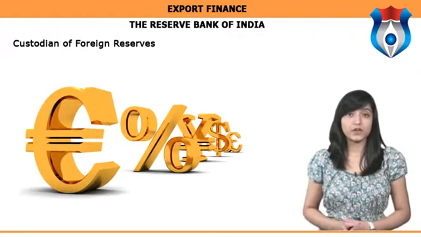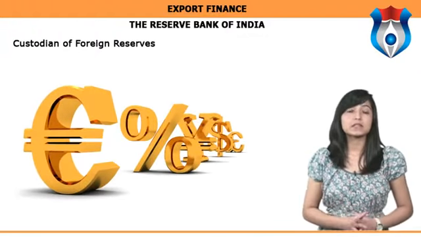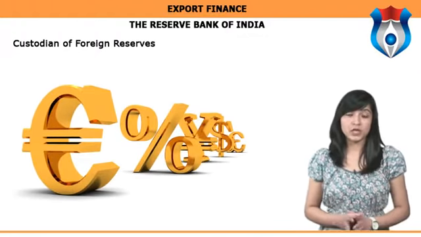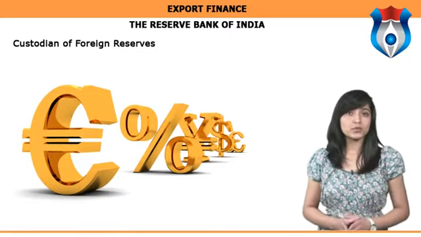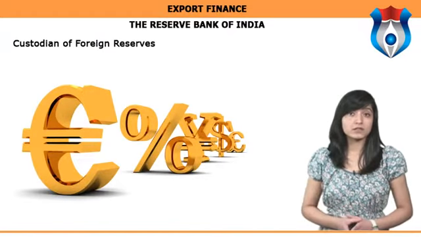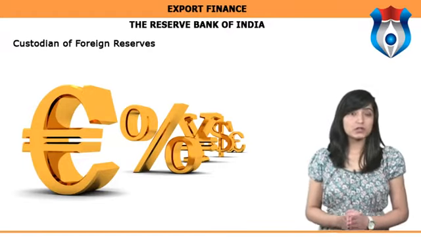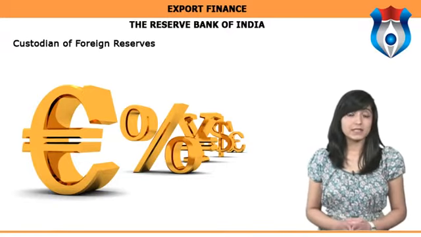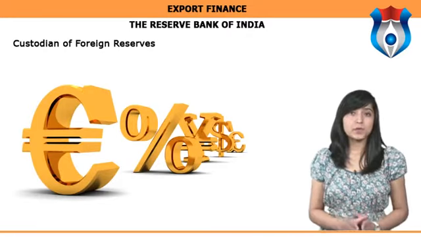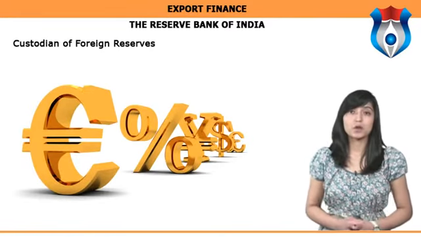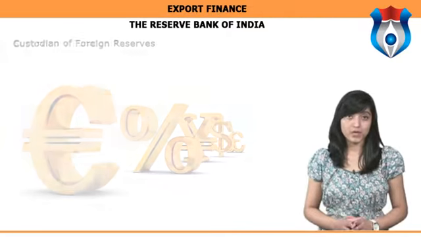Since 1935, the bank was able to maintain the fixed exchange rate, though there were periods of extreme pressure in favor of or against the rupee. After India became a member of the International Monetary Fund in 1946, the Reserve Bank has the responsibility of maintaining fixed exchange rates with all other member countries of the International Monetary Fund (IMF).